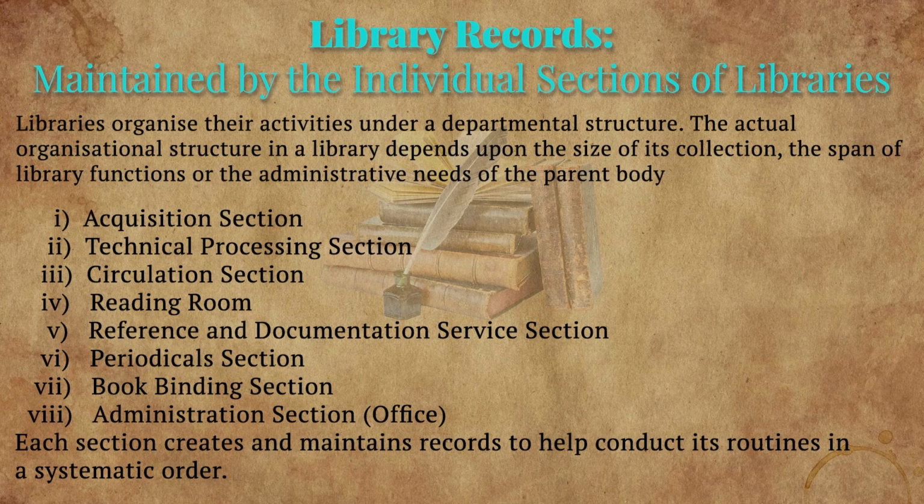This depends on the individual library, based on its size or scope, and also the availability of staff. The sections can be categorized to administer the library properly and to disseminate the library service in a very efficient manner, right?